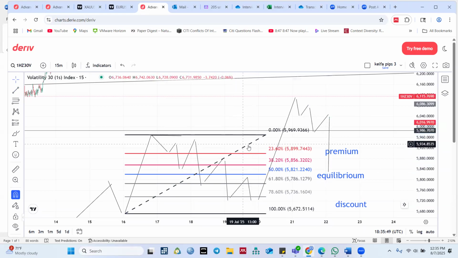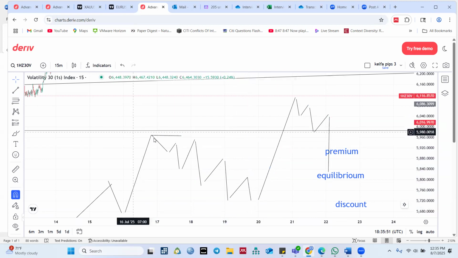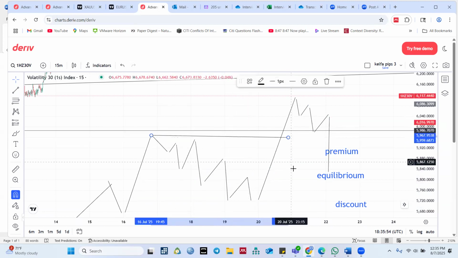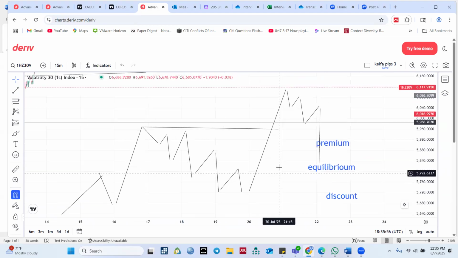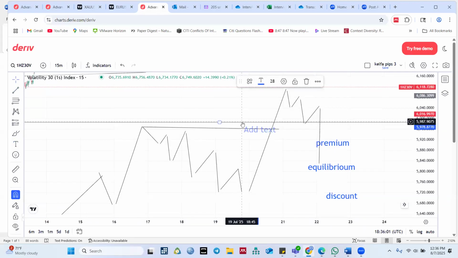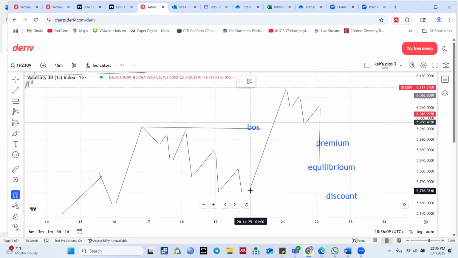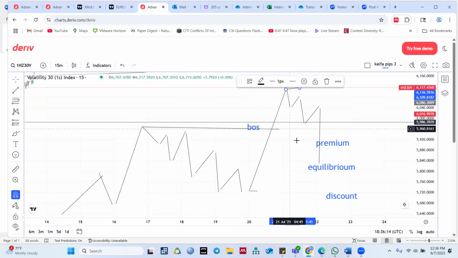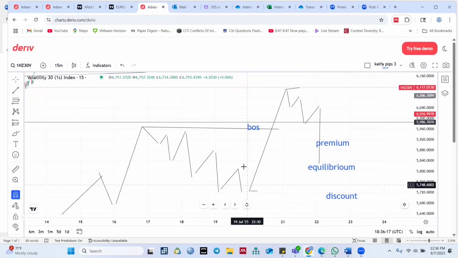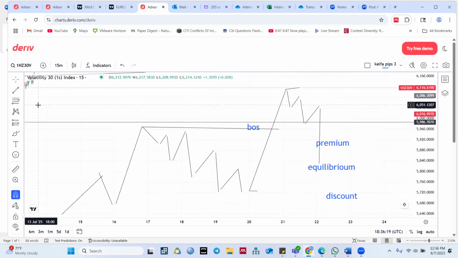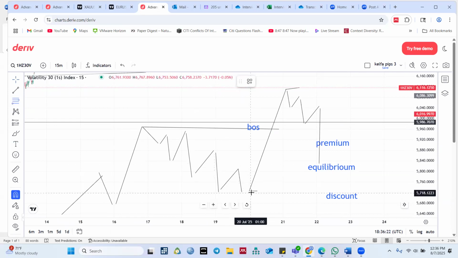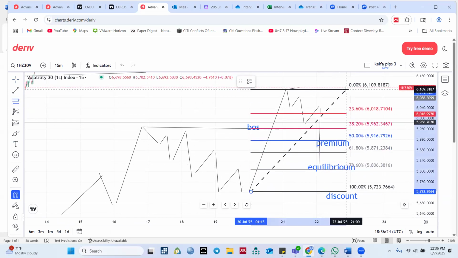Because we've taken out this high from this move here, there is a new break of structure, BOS, at this point. Therefore this low and this high becomes a new swing structure or swing range, and we can use our fib again to measure that range.